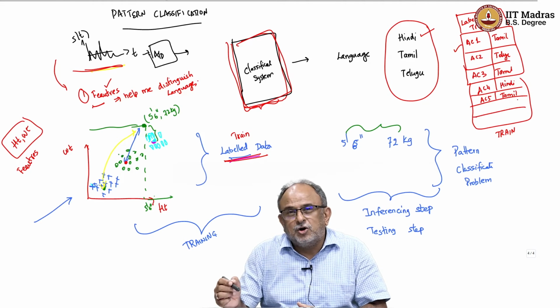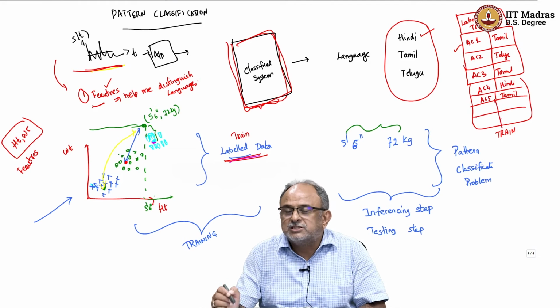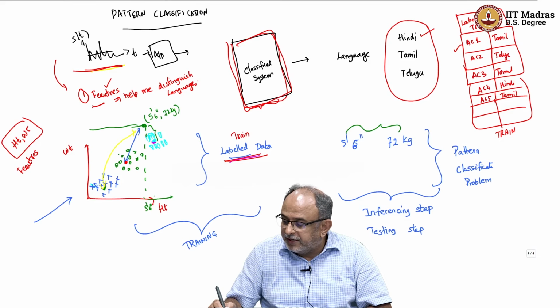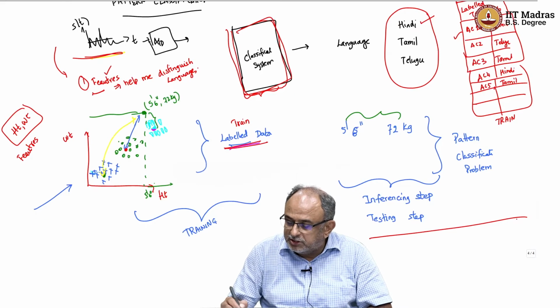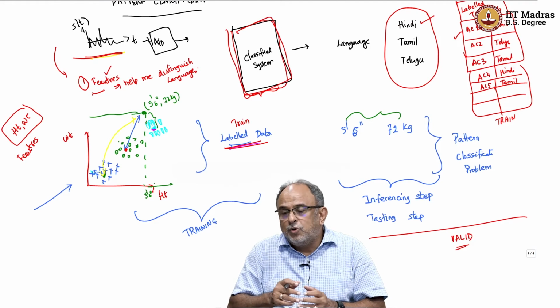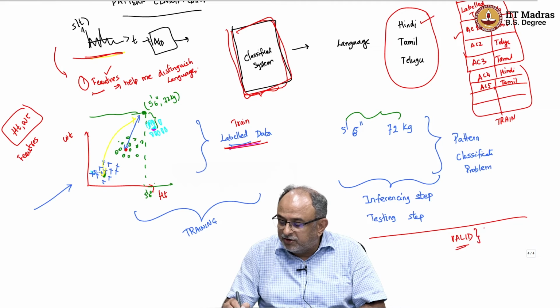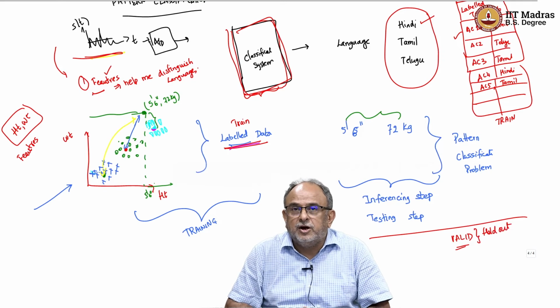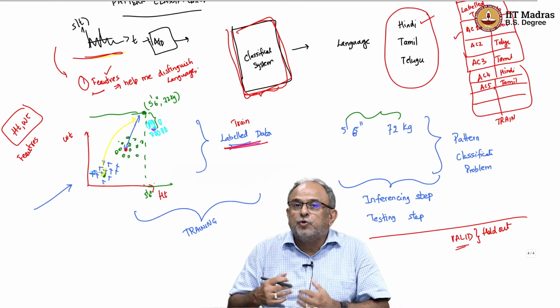But we also often test it on some held out data which is called the validation data. So there is a separate set of data called validation data, which is held out, it is not part of the training data. This data is not seen while I am training, or it is not used in improving my system.